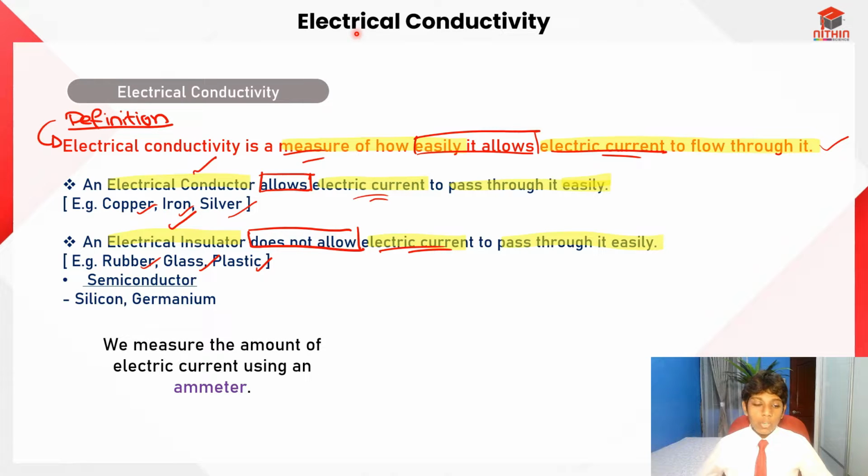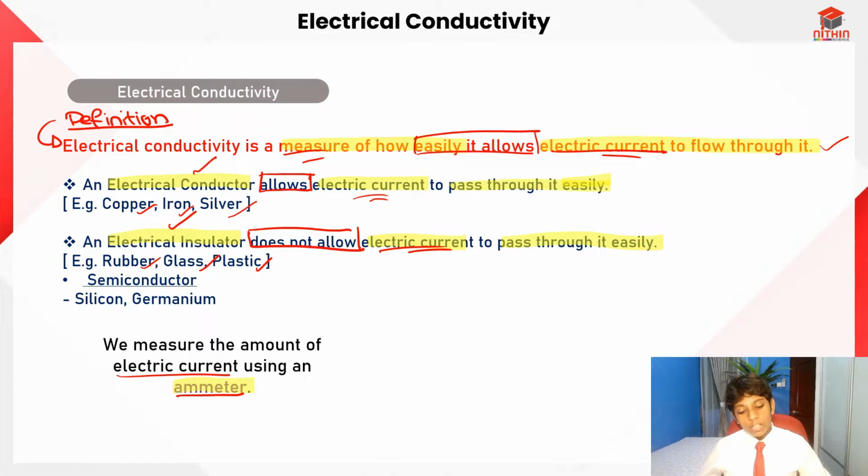So how do we measure electrical conductivity? How do you measure electric current, basically? We measure the amount of electric current using an ammeter. This word over here, ammeter. We've seen this word in my previous video, scientific endeavor, right?